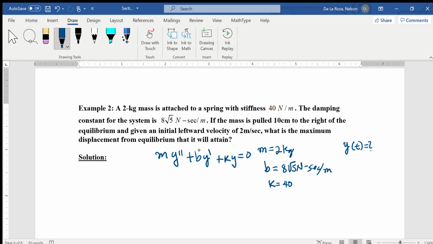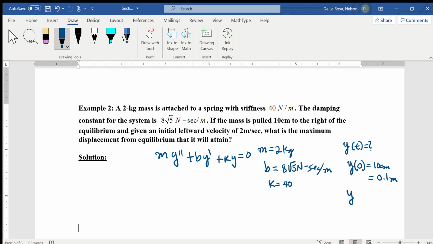Also, notice that we have a condition that the mass is pulled 10 centimeters to the right of the equilibrium. So that is equivalent to y at 0 equals 10 centimeters, or 0.1, so that we have the same kind of unit, meters.